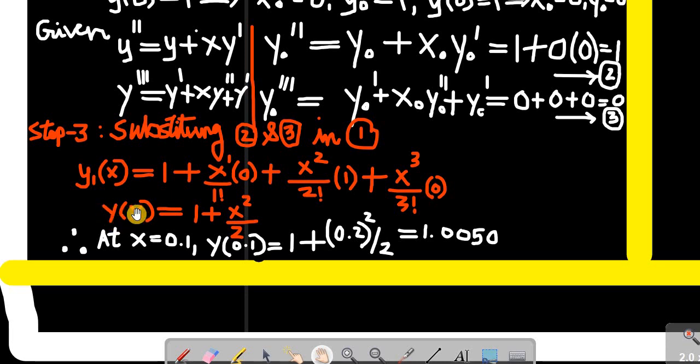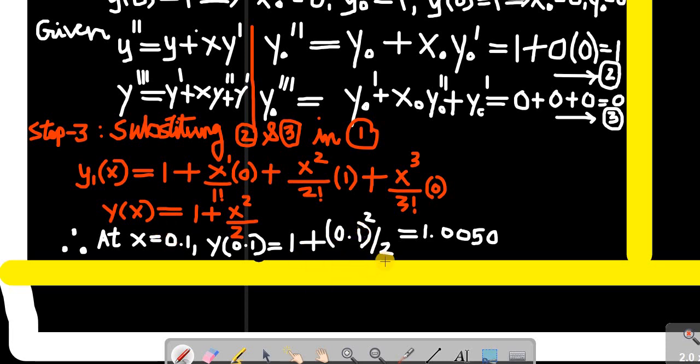So substitute 0.1 in this particular place, y equals 1 plus 0.1. So here it is not 0.2, you must change that. It's not 0.2, it is 0.1. Right.